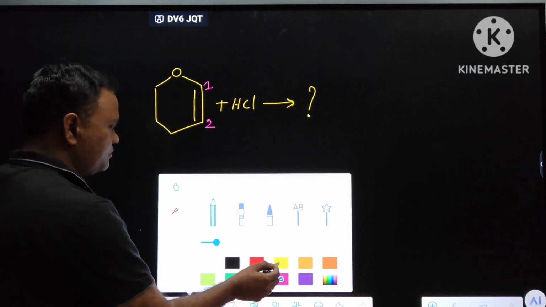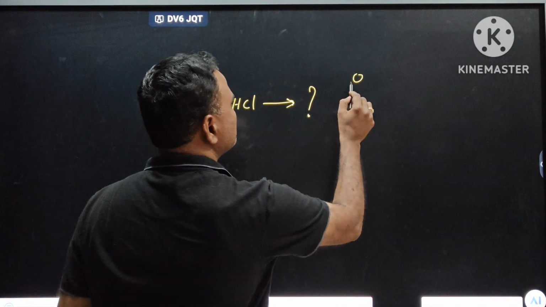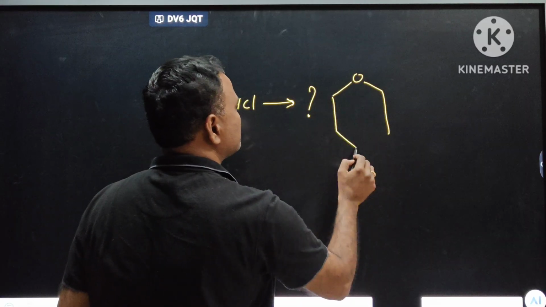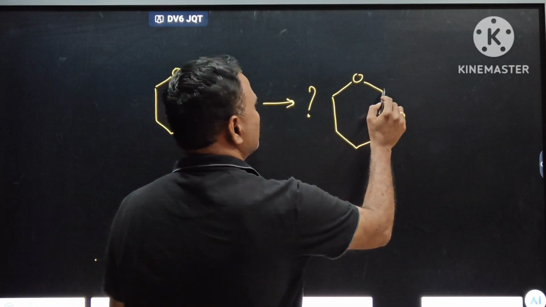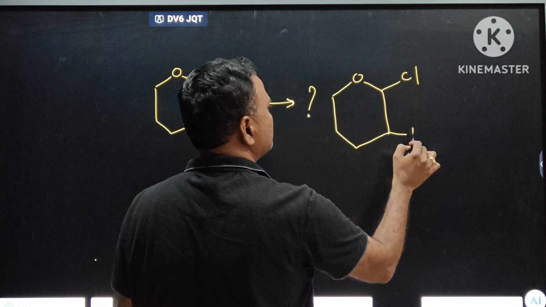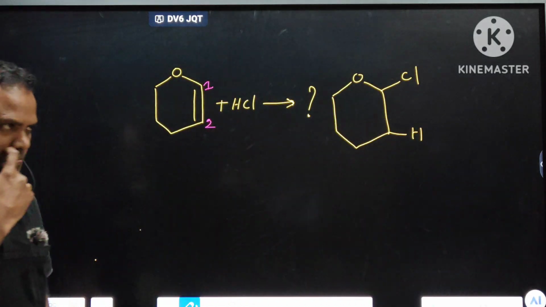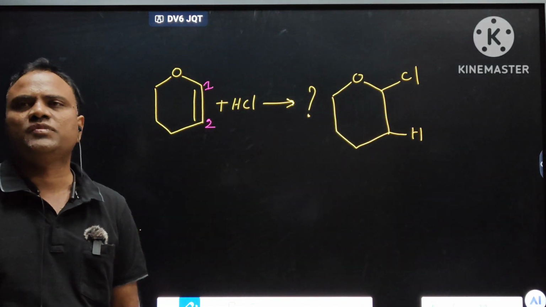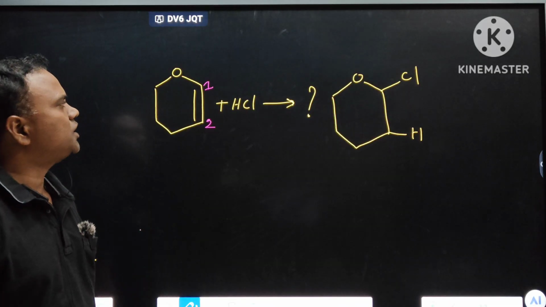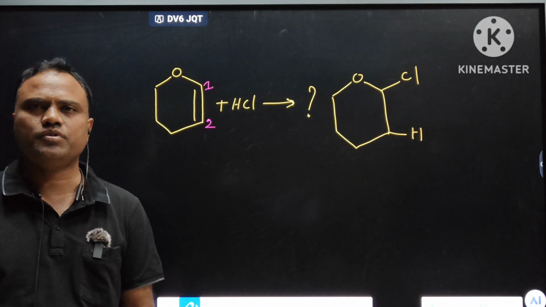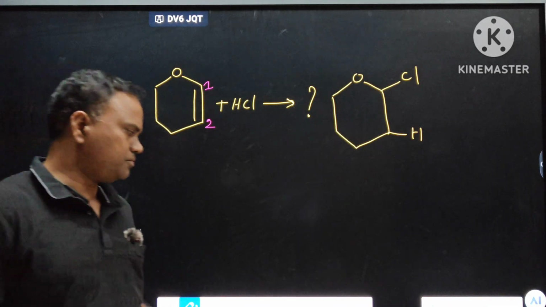Look at this, all of you. This is the answer. See the answer. Cl negative is adding to the first carbon. Let us check the mechanism.